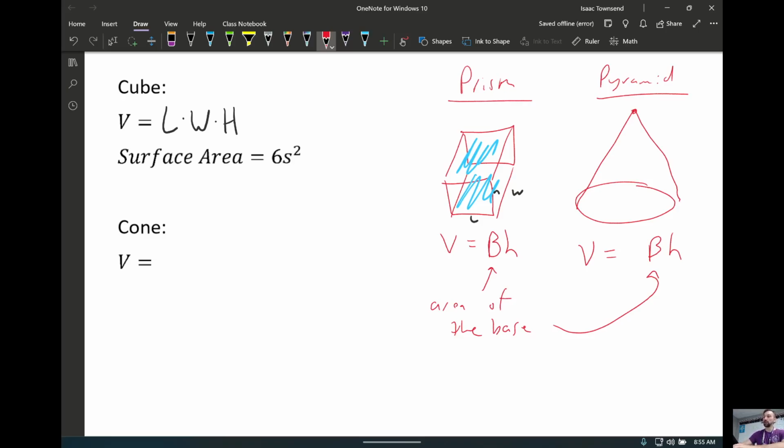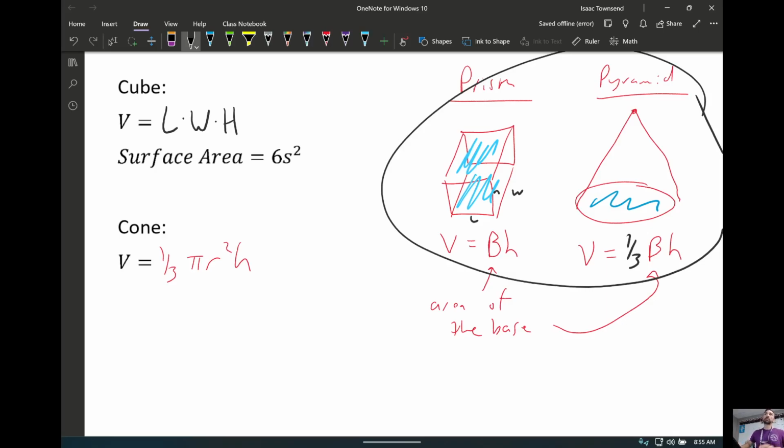So that's why a cone is almost pi r squared h. But there's one other thing. Do you remember what else you have to multiply by for volume of a cone? A third. Very good. So anytime it's a pyramid and you have just one base, it's the same thing, area of the base times the height, but times a third.